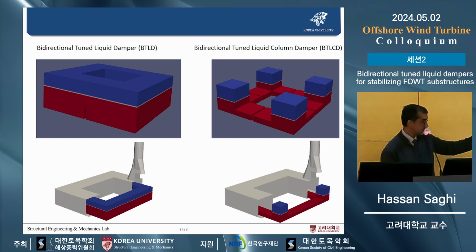And on the bottom left and right, you can see the integrated model, integration of a FOWT substructure and BTLD and BTLCD. We try to find the optimum geometry of the devices, and also the optimum water filling level, and also the optimum position of the BTLD.